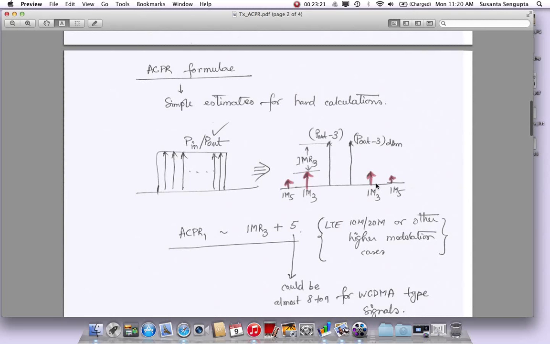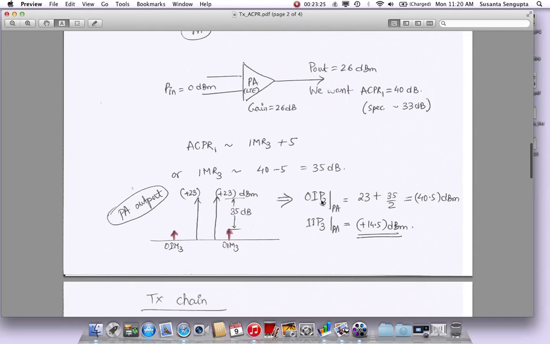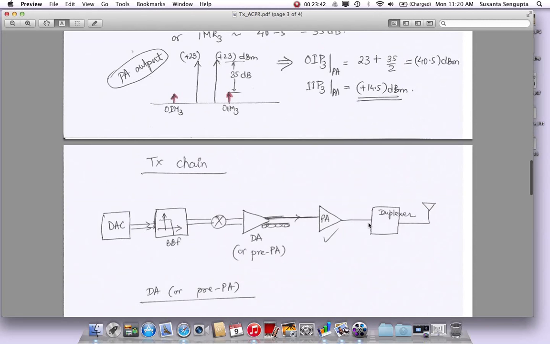You have to have some idea of what the non-linearity specifications like output IP3 or input IP3 should be before you actually start designing. So this exercise is geared towards how you can find these with simple calculations.